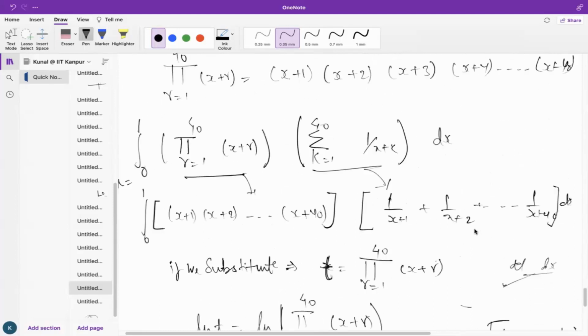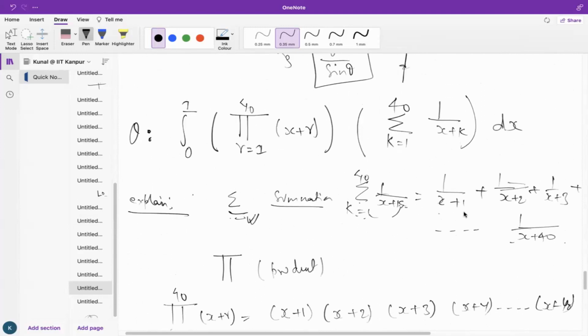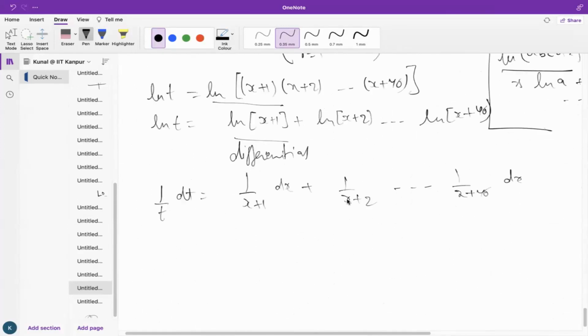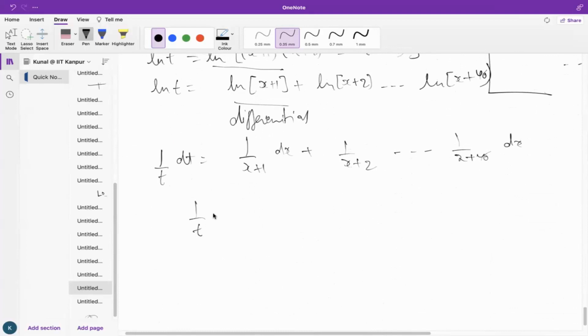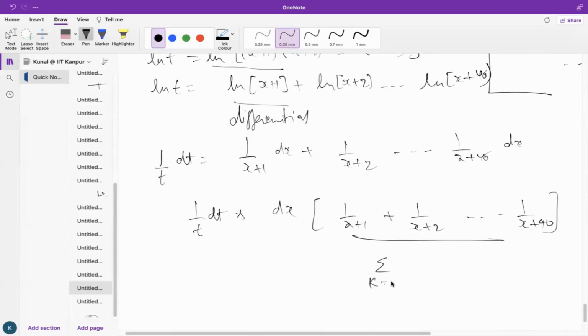Now, we get this result. So what I'm saying is, 1 by t dt, if we take dx common, what we get is 1 by x plus 1, 1 by x plus 2, up to 1 by x plus 40. And this whole term we can write as summation of k is equal to 1 to 40, 1 by x plus k.